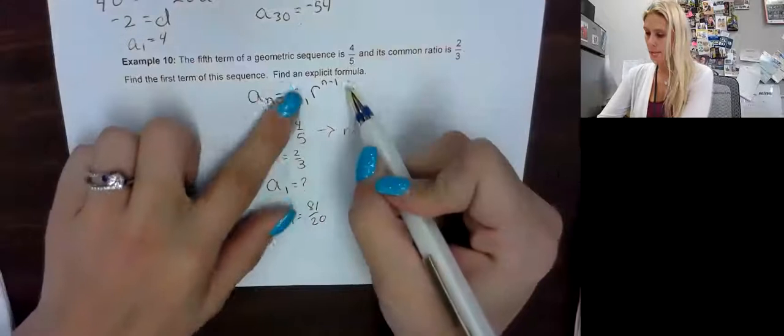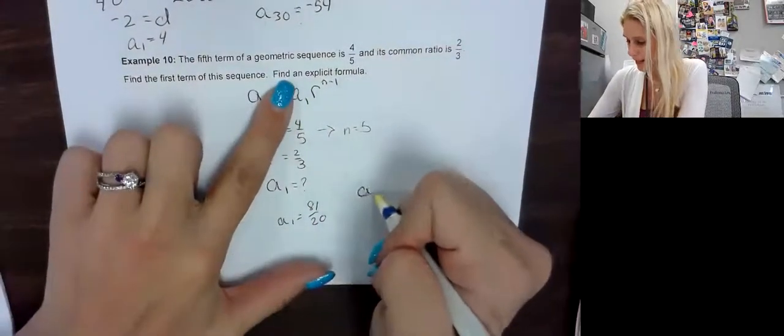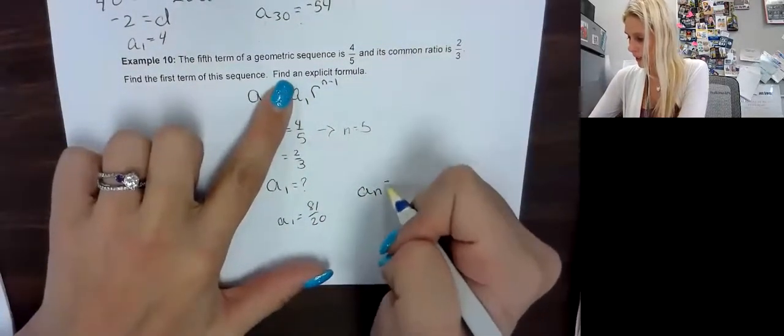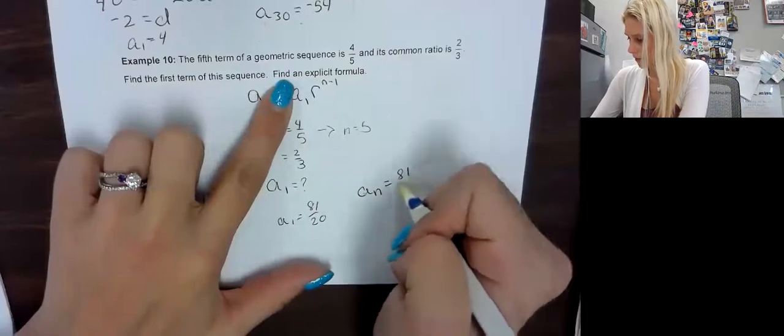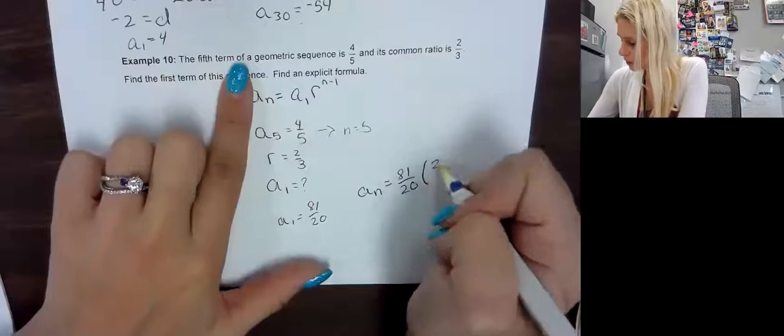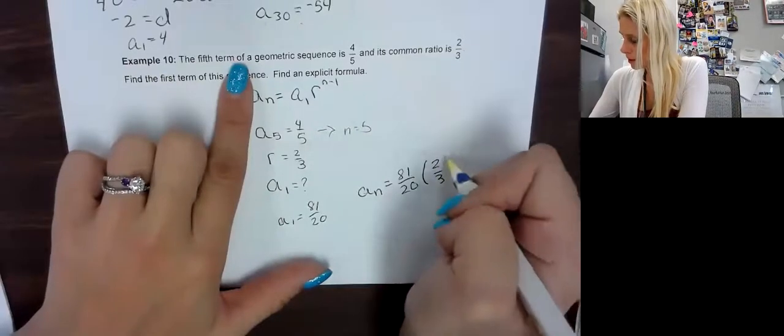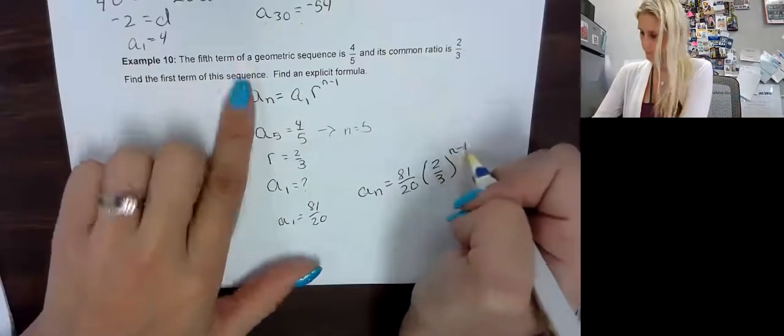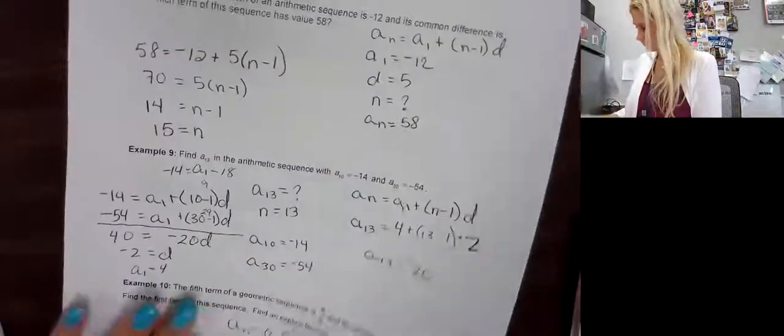So when we write it back in the explicit formula, we get a subscript n equals 81/20 times 2/3 to the n minus 1. Perfect. And now we are done.